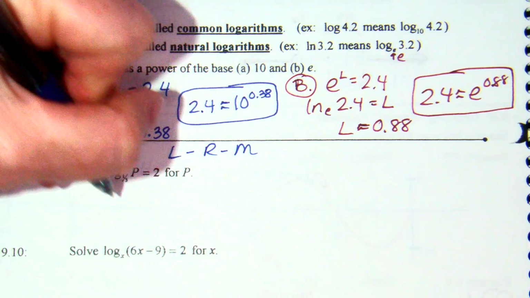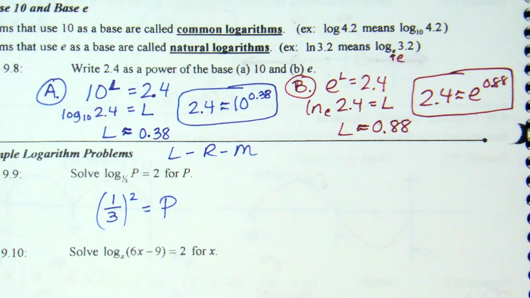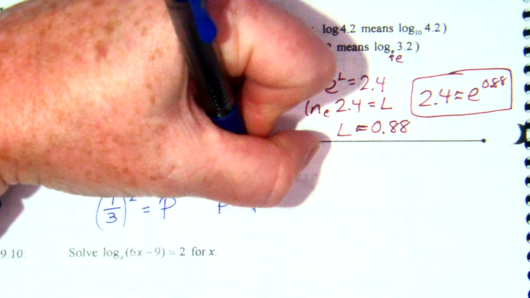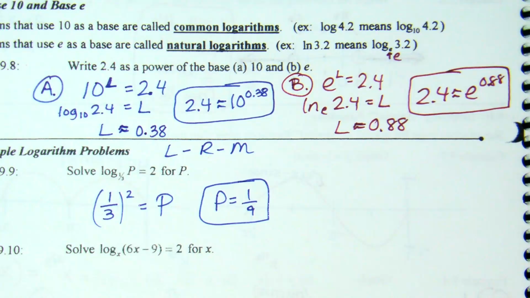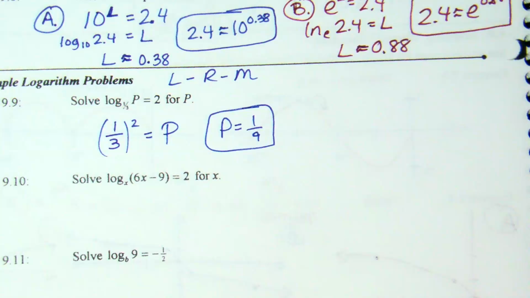Left, right, middle. So, what's this going to read? 1/3 to the second equals P. Geez, that's pretty easy solving. What is P? 1/9. If only they were all that easy, right?